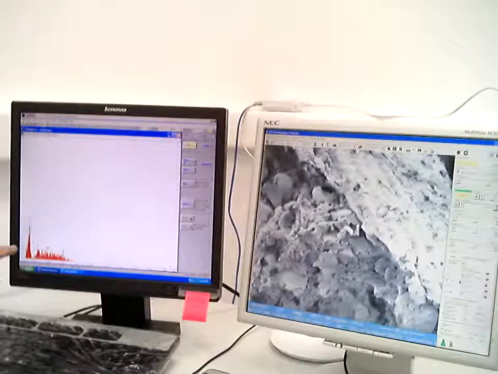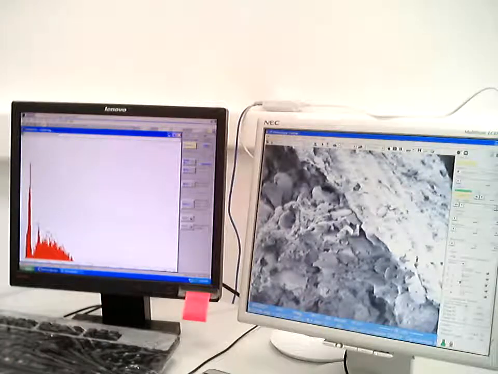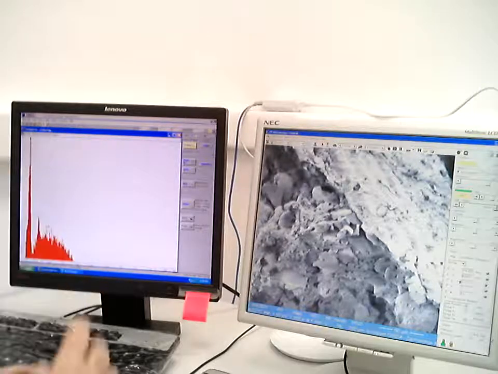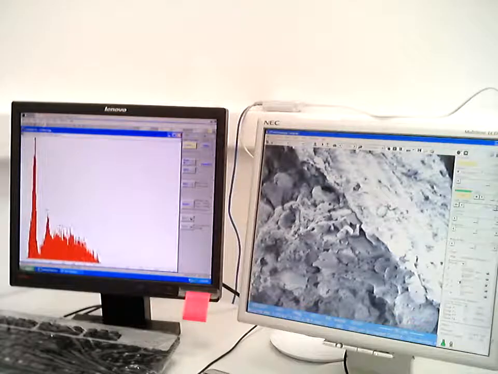There's something more coming up here. You can see the peaks that you see over here are actually the X-rays that are being collected from the surface of the material. Again, it looks like it's some sort of organic. There's carbon, there's oxygen. This cobalt thing sticks there, which is very interesting. And there's something more coming up, and it looks like there's something more, probably silicon and things like that.